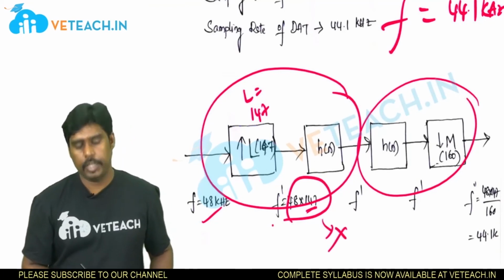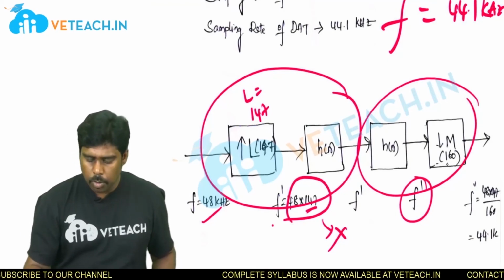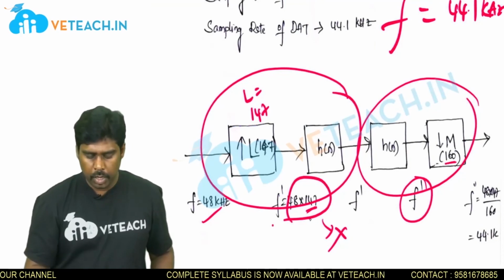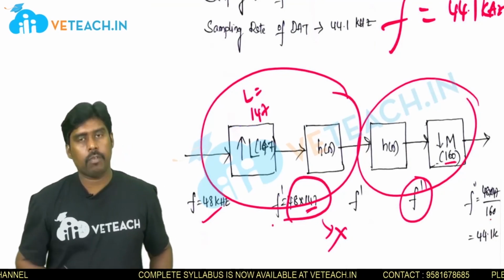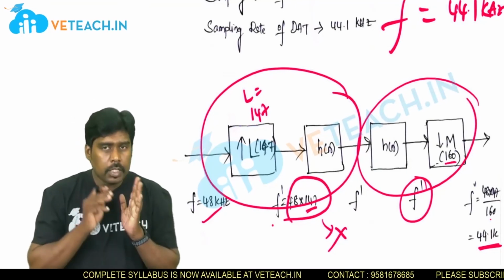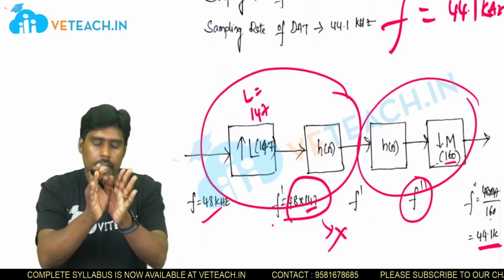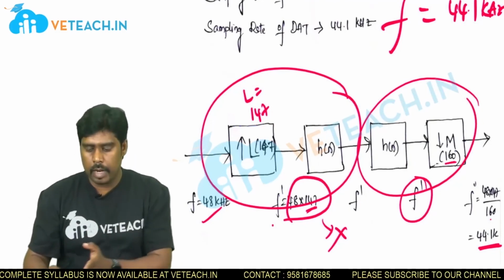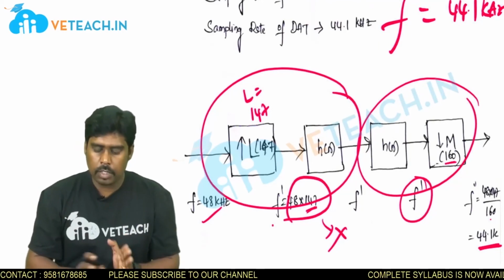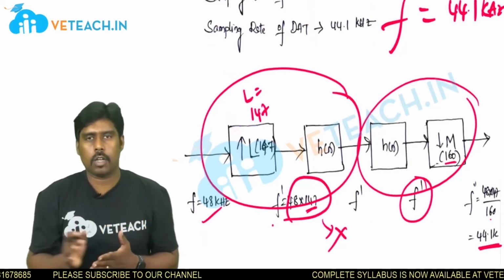That frequency will be carried up to this point, and here the downsampling value is 160. 48 into 147 divided by 160, you will get 44.1 kHz. So please remember, for this example, the upsampling factor is 147 and the downsampling value is 160. Try to remember these numbers for CD to digital audio tape.